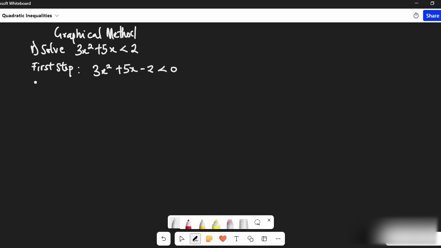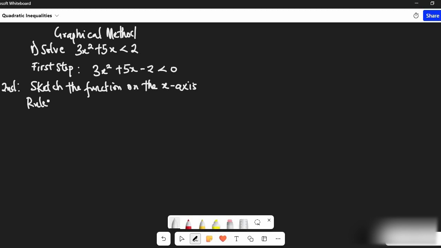Now, the second step will be to sketch the function on the x-axis. So this is the second step. So how do we do this?